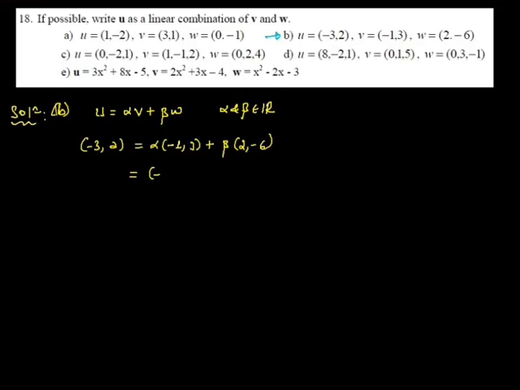Okay, so ይሄ ማለት የሚሆነው (-alpha, 3 alpha) plus (2 beta, -6 beta) ይሆናል። Add another: -alpha with 2 beta, that is -alpha plus 2 beta, comma, 3 alpha with -6 beta.